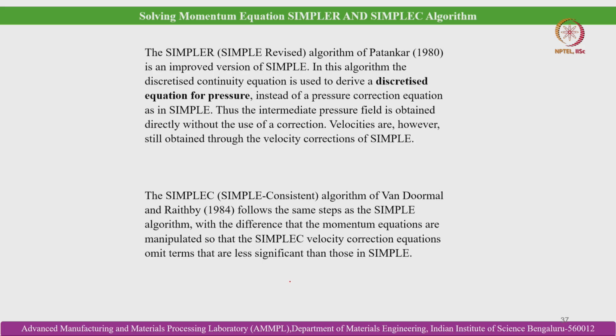So you can understand that it is an improved version of the simple algorithm that we have discussed in detail in the earlier slides, and it is a little bit faster than the simple process, because we are not solving the pressure correction equation. However, for velocities we are still solving the correction equations like we have discussed in case of the simple algorithm.